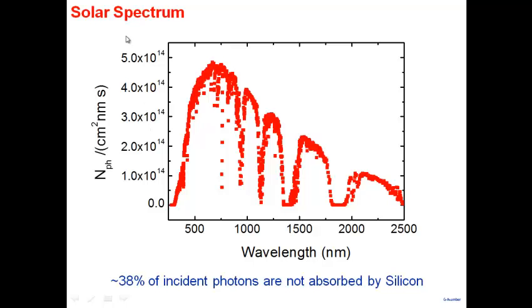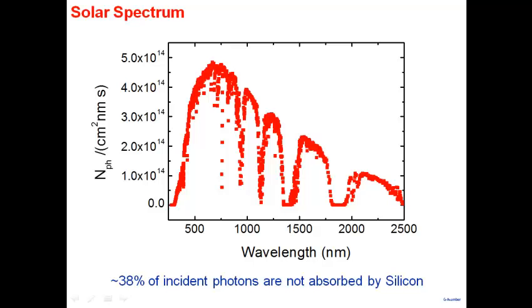Normally the solar spectrum is represented in many different ways. In this case, I've represented it by the number of photons incident per centimeter square per second in a certain wavelength range, per nanometer. Sometimes people express it in terms of the power in watts incident per centimeter square per nanometer.